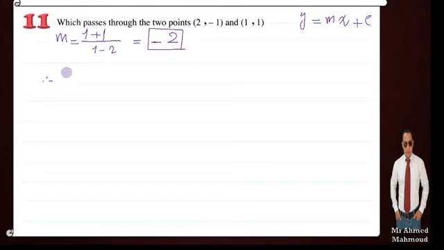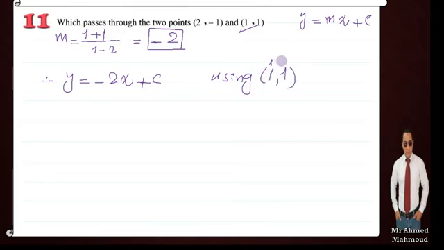So the equation will be y equals negative 2x plus c. Using, oh, here in this question, the line passes through 2 points, (2, -1) and (1, 1). Okay, so I can use any of the 2 points, but I will choose the easier one, which is (1, 1). In place of x, I will write 1. In place of y, I will write 1. It will be 1 equals negative 2 times 1 plus c.